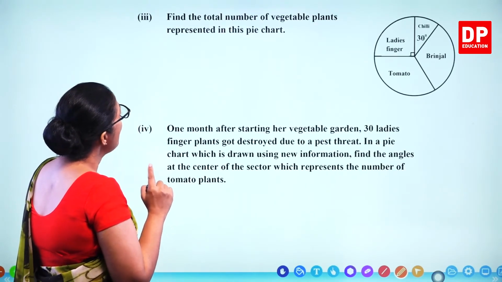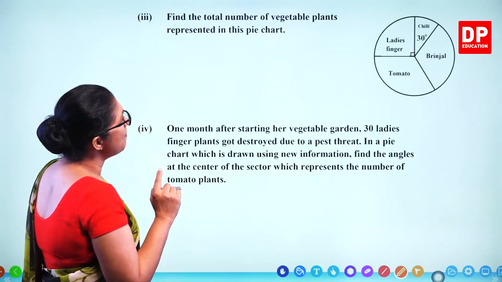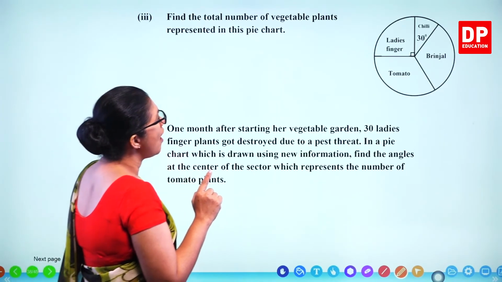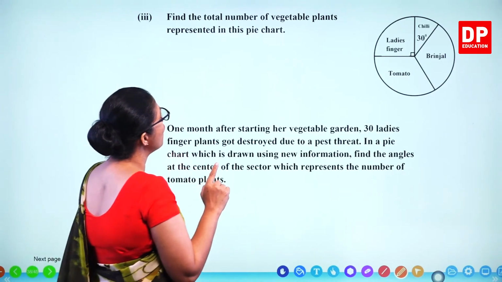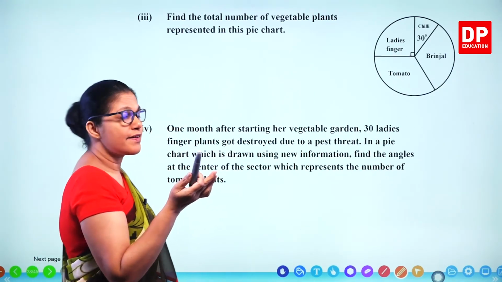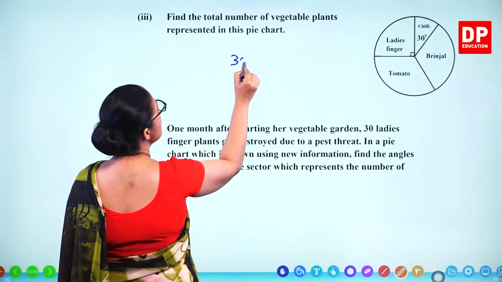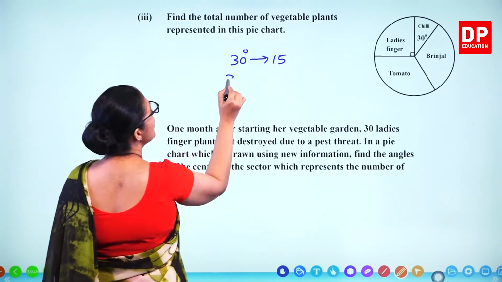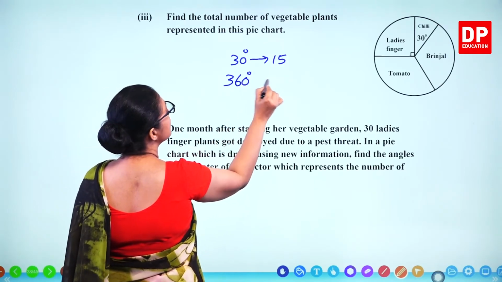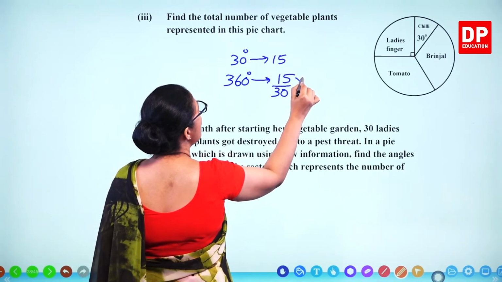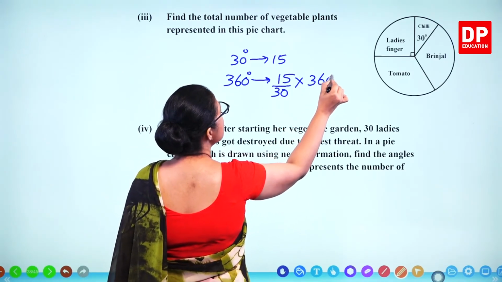Part 3. Find the total number of vegetable plants represented in this pie chart. Total number of vegetable plants. So what about 360 degrees? 30 degrees means 15. It's given. So what about 360 degrees? 15 divided by 30 multiplied by 360.